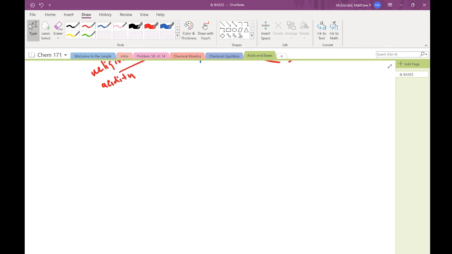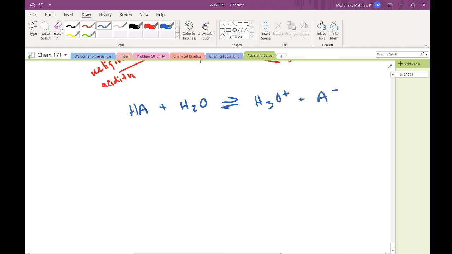Now, there is a really interesting relationship between Ka and Kb. So let's look at both of these for this reaction here. If we have an acid, HA, reacting with water to form H3O plus and A minus, this would be Ka.